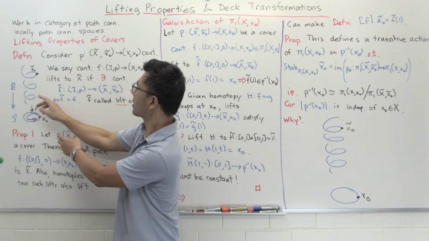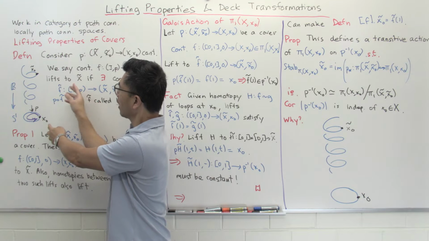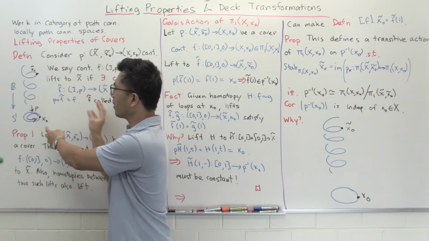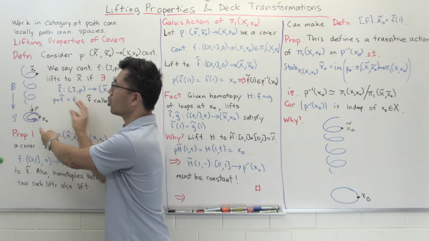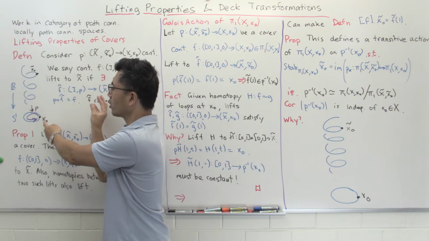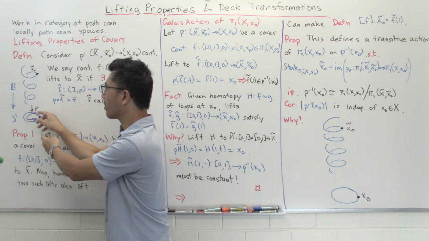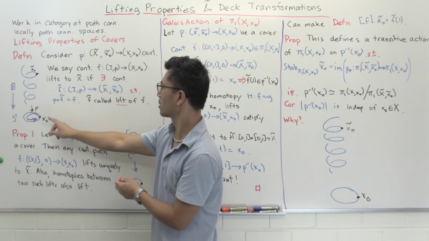A lift of this continuous map is a map which goes up to the x tilde. Lift to x tilde means that instead of going down to x, you go up to x tilde, such that when you compose this map with the map P down here, you recover the original.